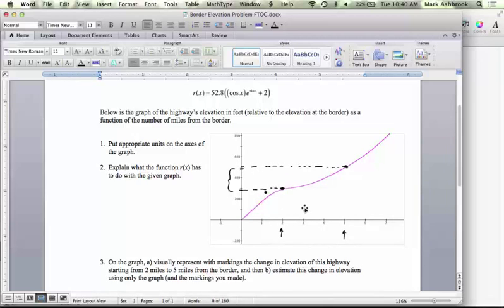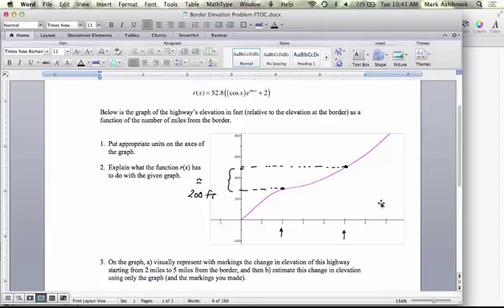So about 200 feet that you ascend over those 3 miles. So then it would be 200 feet, or 200 times 100?